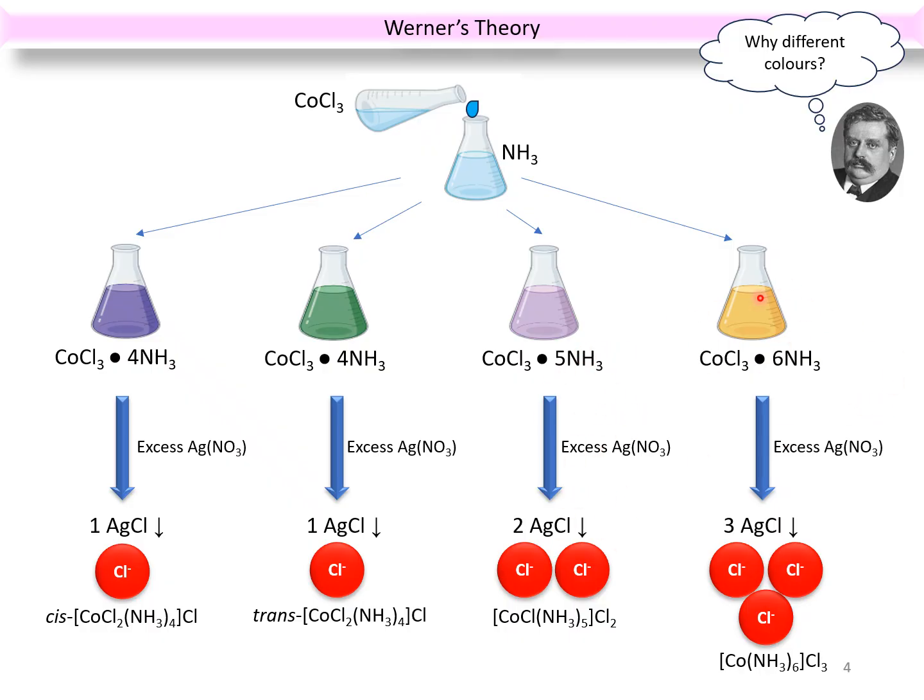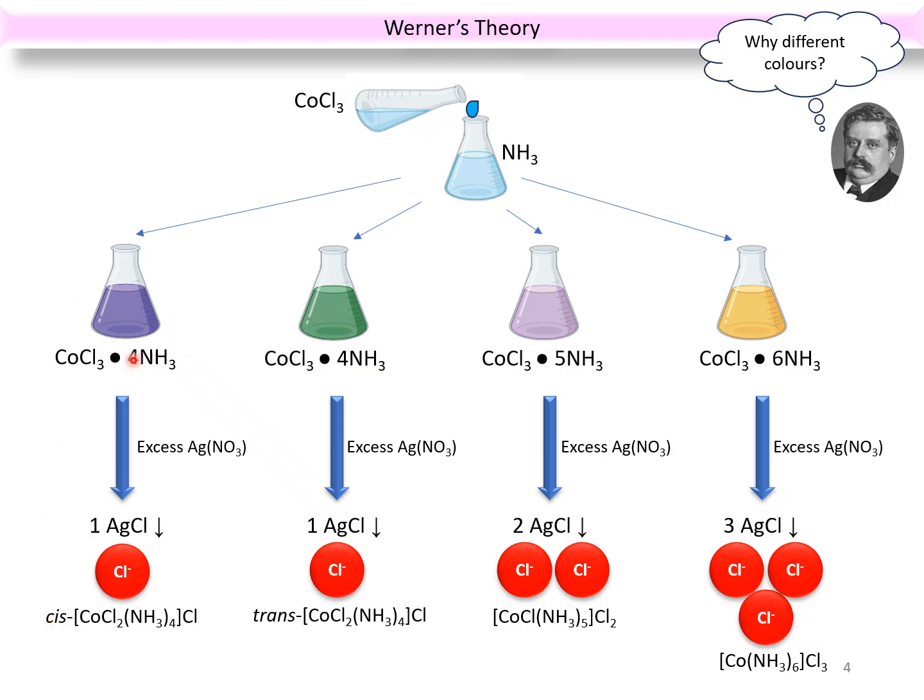And the yellow solution precipitated 3 equivalents of silver chloride, indicating 3 non-coordinating chloride ions. Because of this observation, a new formula was generated.